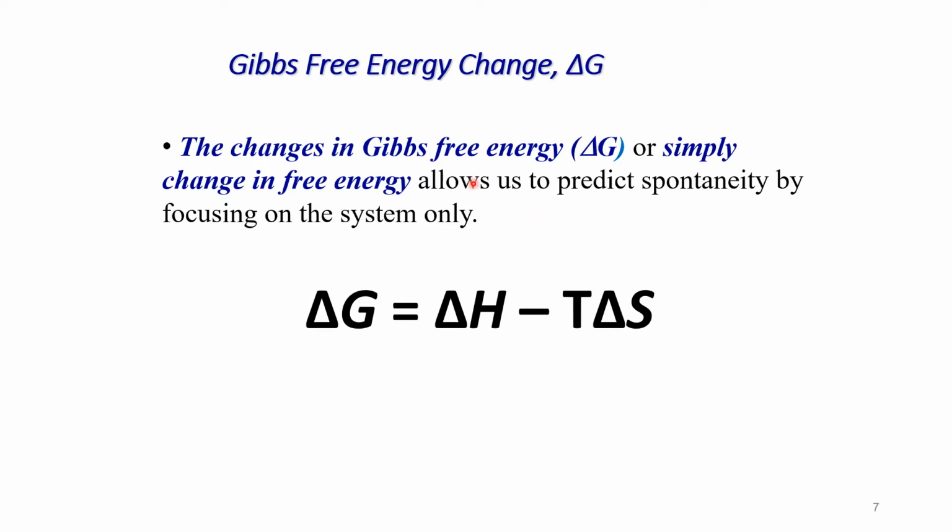And so we'll talk about that as this term free energy. It can be a little confusing sometimes, but most everybody uses the term free energy. So get used to using the term, but what we're doing with it is predicting spontaneity of the system using it.